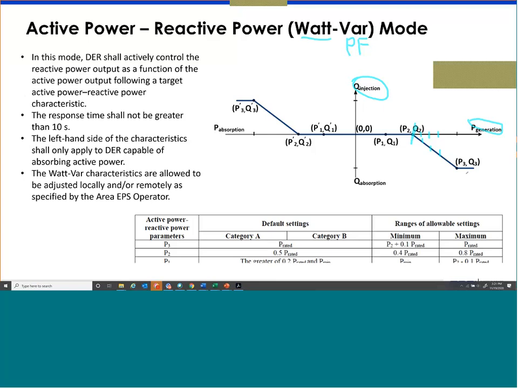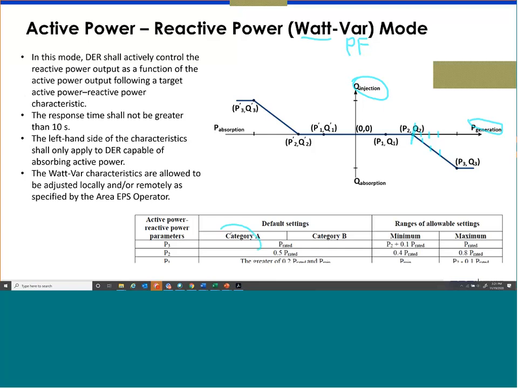There's a reason for not doing that. Power factor gives a non-linear reactive power, so there can be a sudden change in the reactive power. We wanted reactive power to start at 0 and then change linearly. That's why the group decided to use watt-var rather than watt power factor.